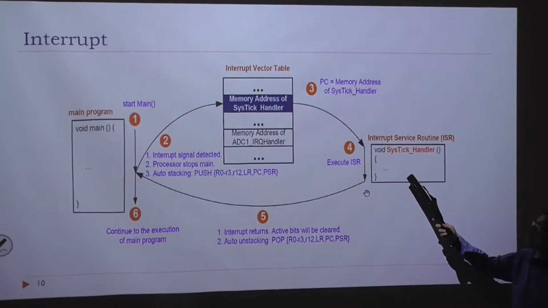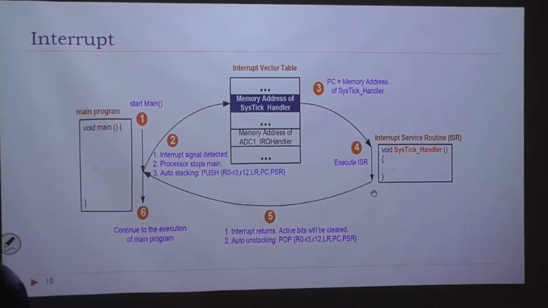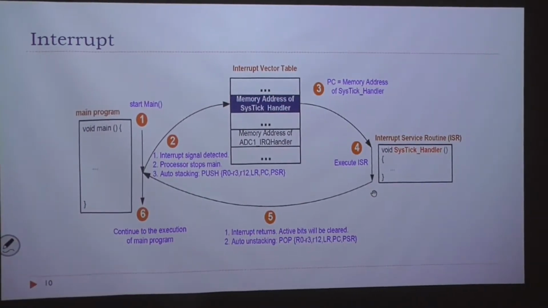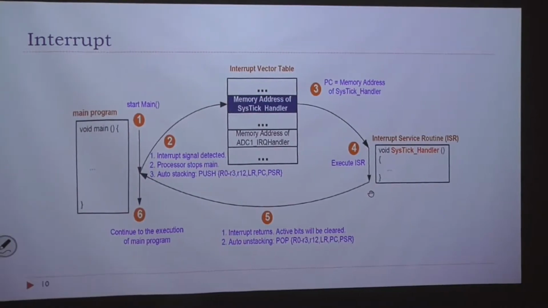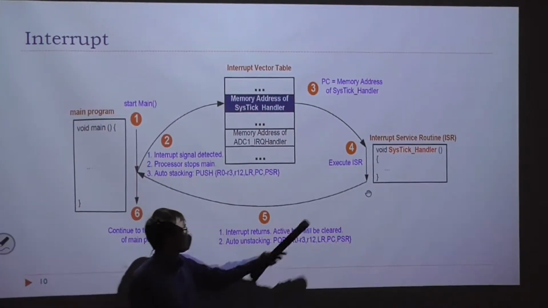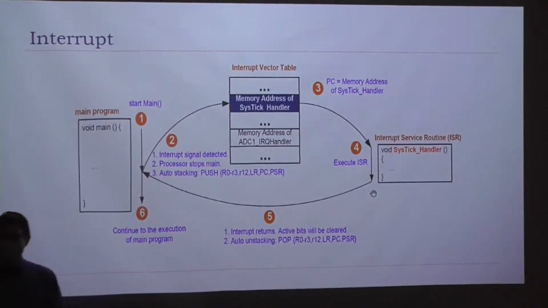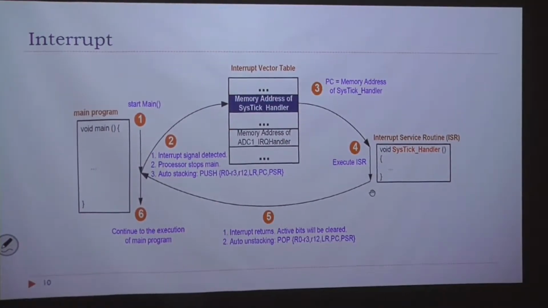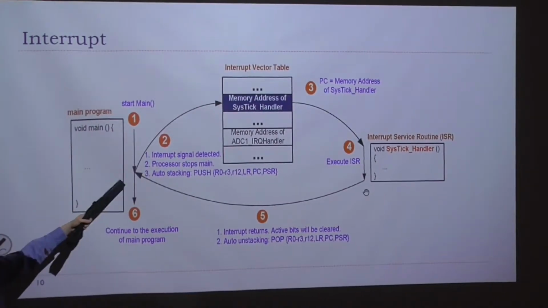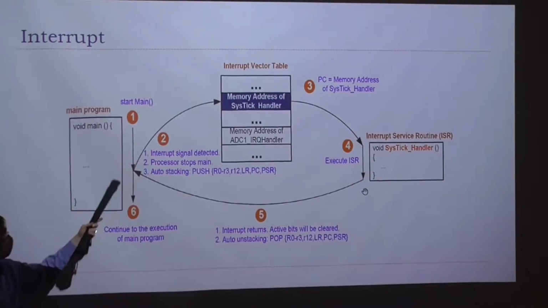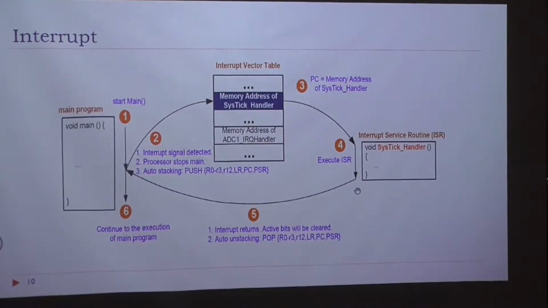We execute that code until you hit a return operation or the end of the function in the normal way that a C program exits a function. We then restore the values of the various registers that were interrupted. We restore the state of main execution and then continue on until the next interrupt is received.